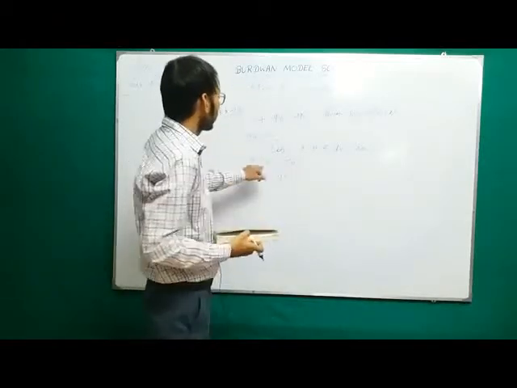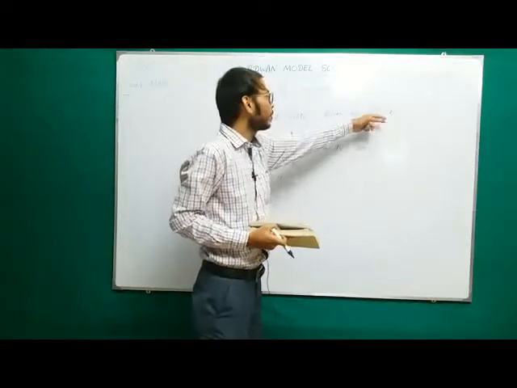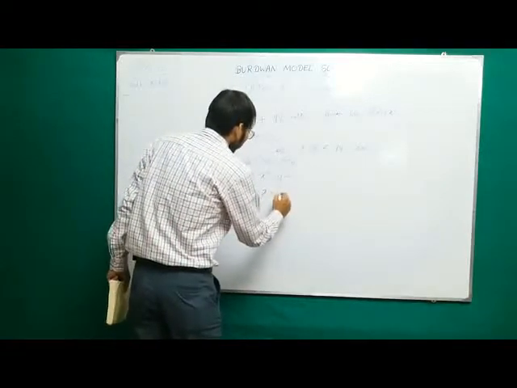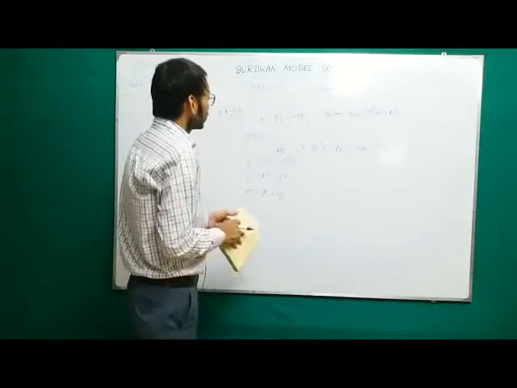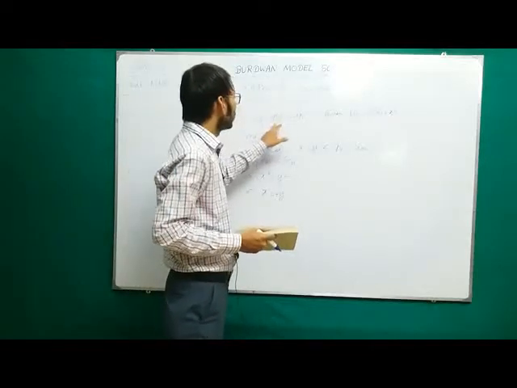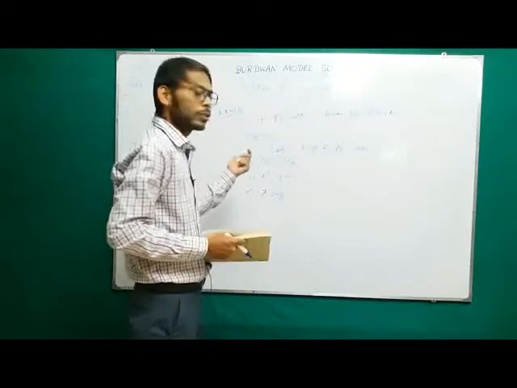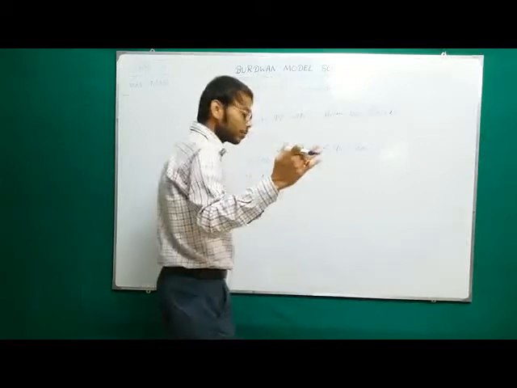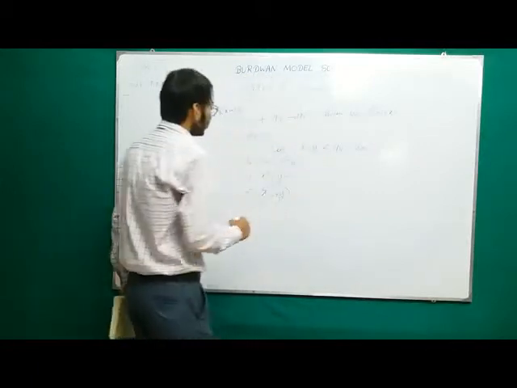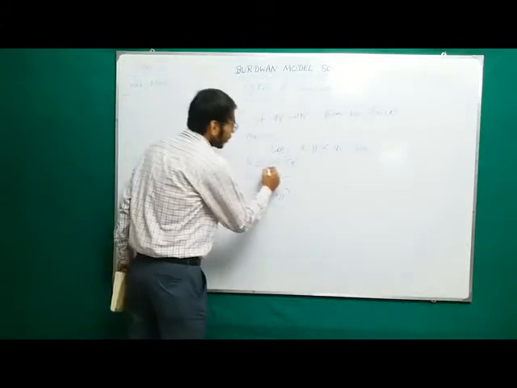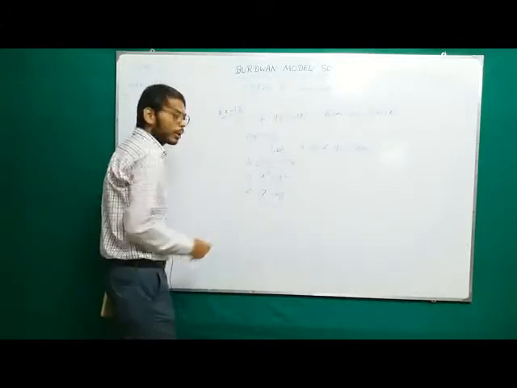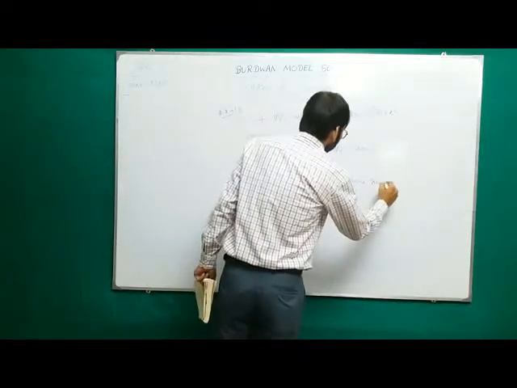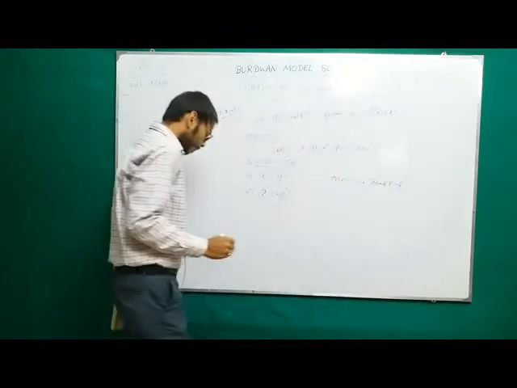F of x equals x square from the definition of the function, and f of y equals y square, which implies x equals y, only plus y, not plus or minus y, because the domain and codomain are both natural numbers, so we take only the positive whole numbers, starting from 1, 2, 3, 4, and so on. So whenever we take f(x) equals f(y), you get x equals y. So we may conclude it is a one-to-one mapping.